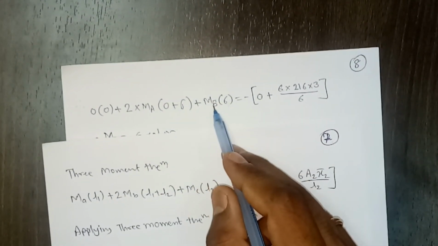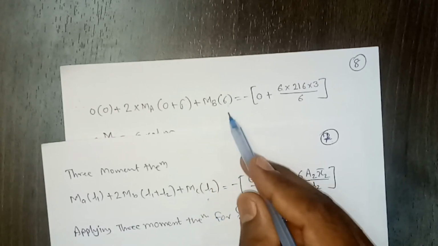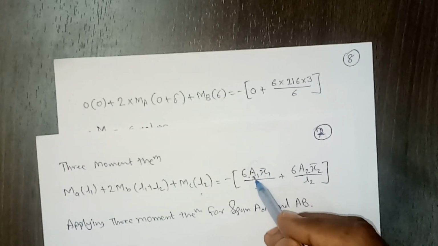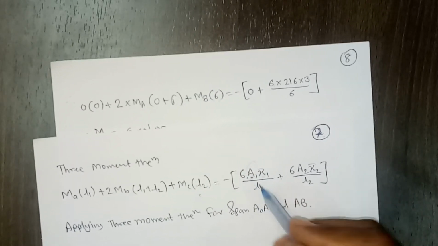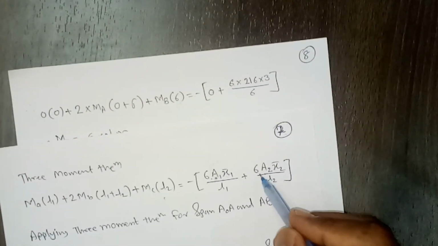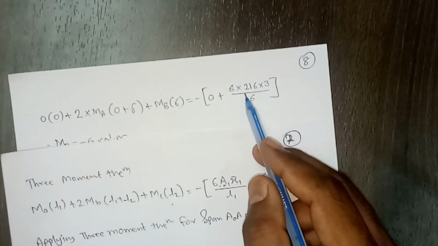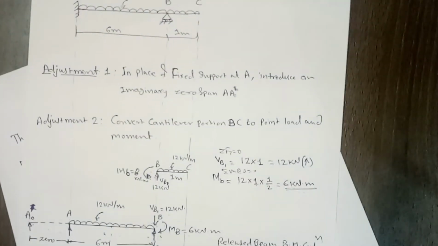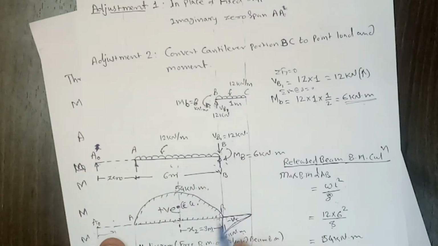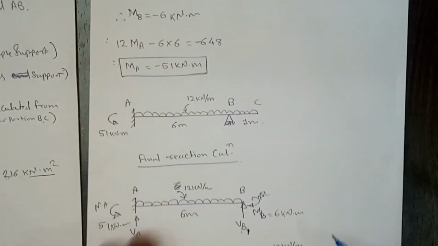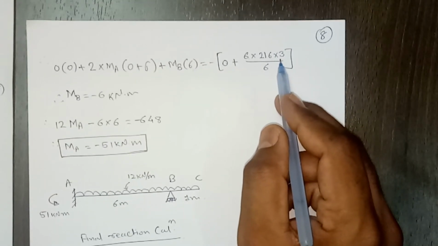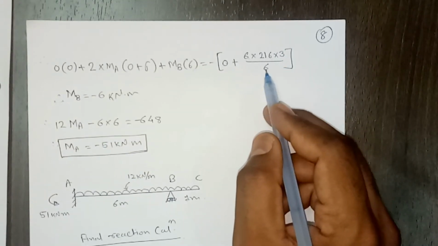So that we know, we'll substitute that value, L2 is 6 and minus 0. This bracket portion becomes 0 since the area is 0 and this distance is 0. Then this portion is 6 into A2, we already calculated 216, that is the area of the bending moment diagram of the right span, multiplied by x2 bar, which is 3 meter, that we also calculated.